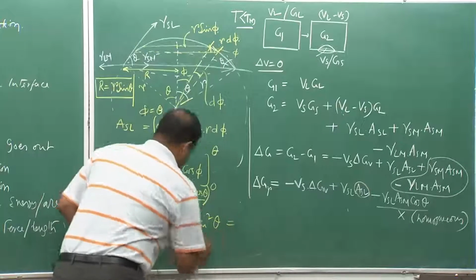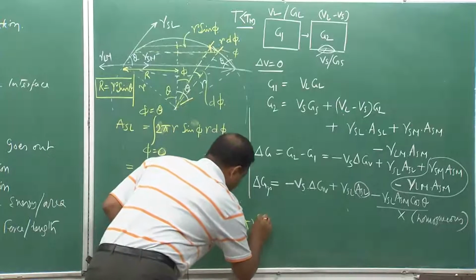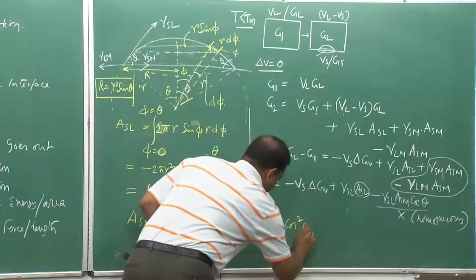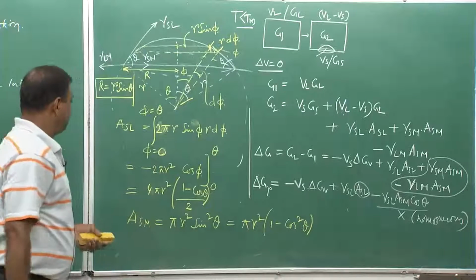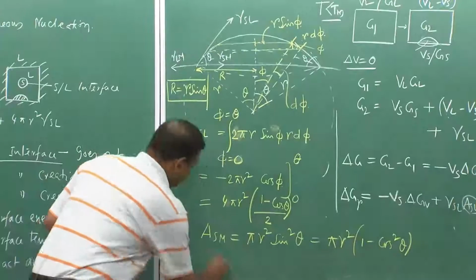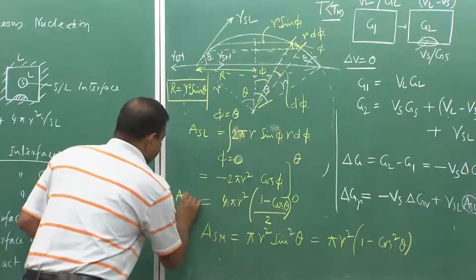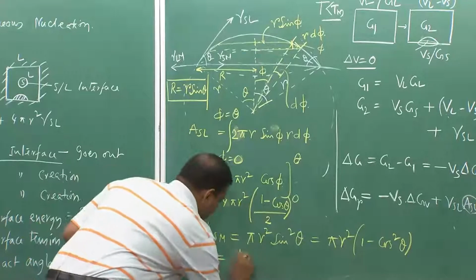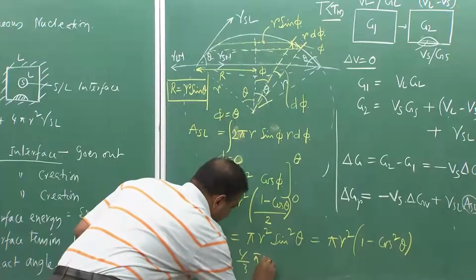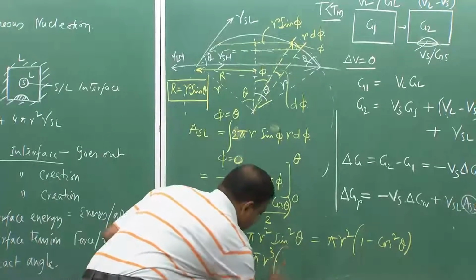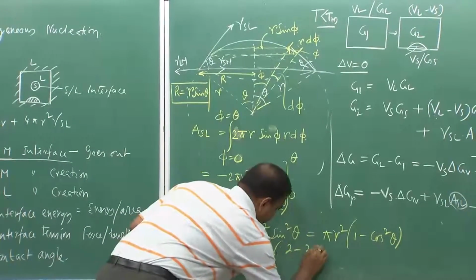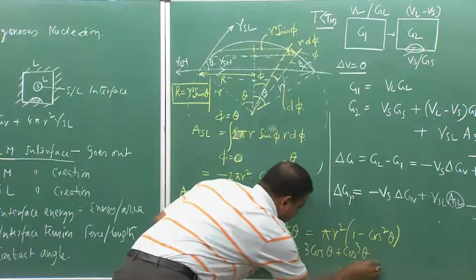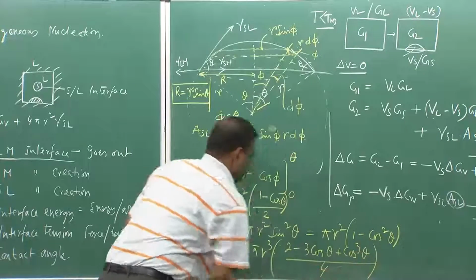Now we can also convert it in terms of cos square theta. So now we have calculated this A S L, and then V S equal to 4 by 3 pi r cube, into 2 minus 3 cos theta plus cos cube theta, divided by 4.